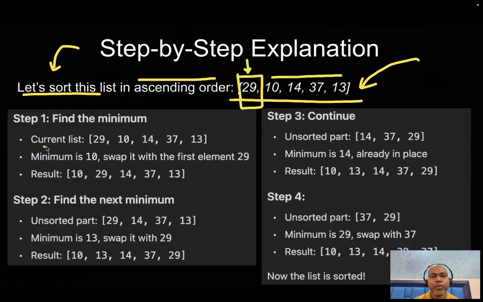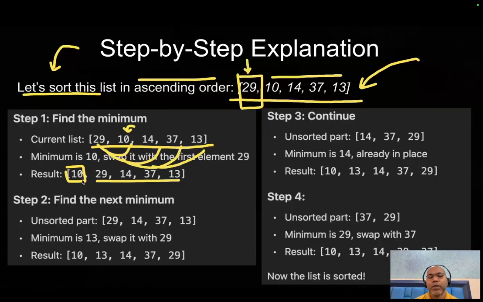So the current list, you can find 10 is the minimum. So 10 becomes your first place and the rest is this. So you are comparing one by one, comparing with this, with this, with this. In this way you are comparing.